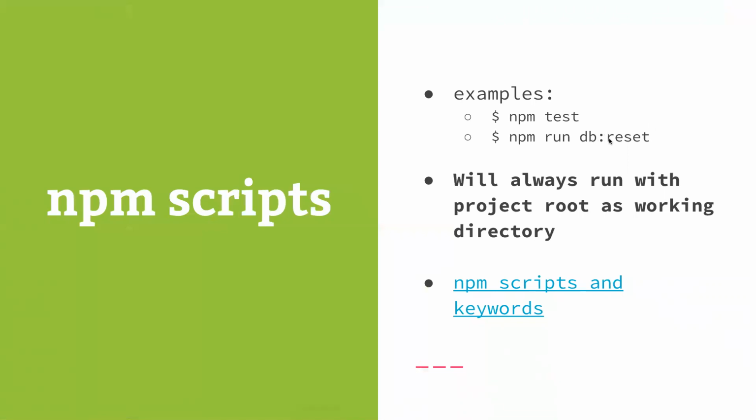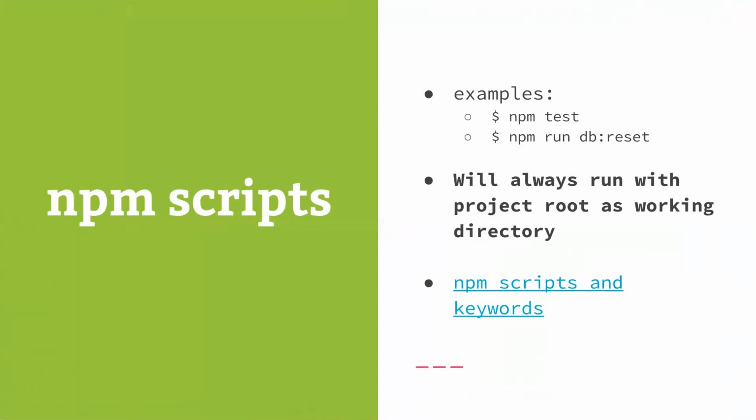The colon is just a way of organizing your scripts, giving them a little prefix. And I have to use run on this one because db:reset is not a keyword, right? That's where you have to use the run, whereas test is a keyword, so you can leave out the run.